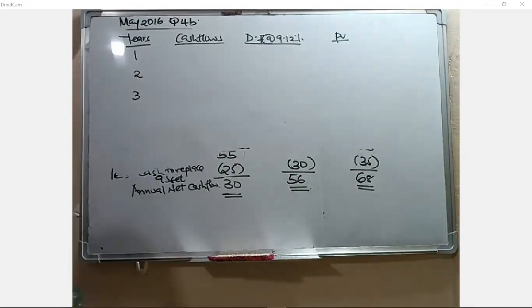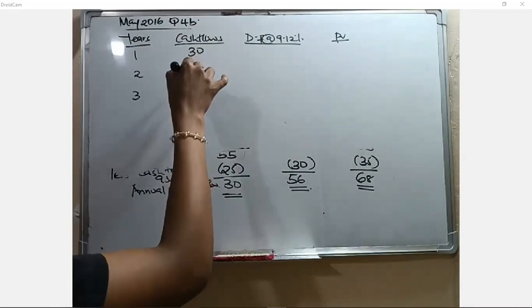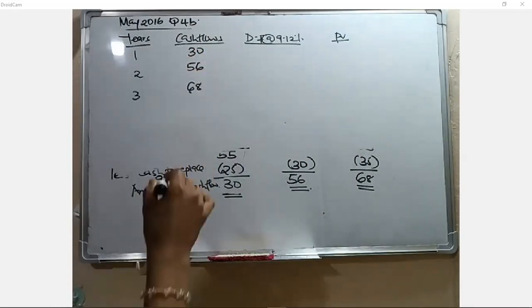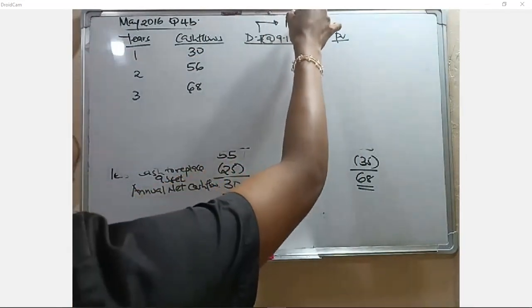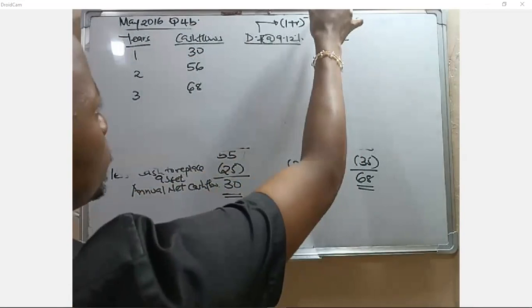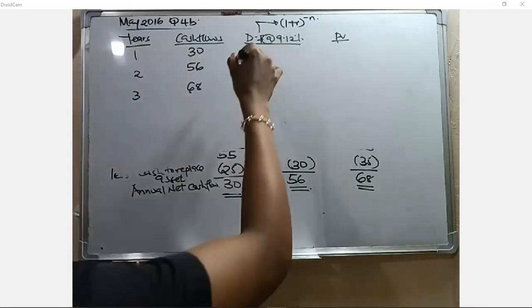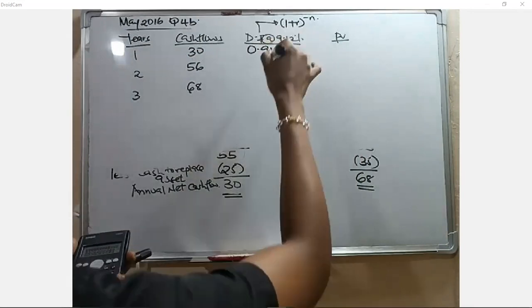In this case, our cash flows are 30, 56, and then 68. We know the formula that you're going to be using here is for lump sum, 1 plus r raised to power negative n. So we say it is 1.0912 raised to power negative 1, getting 0.9164.